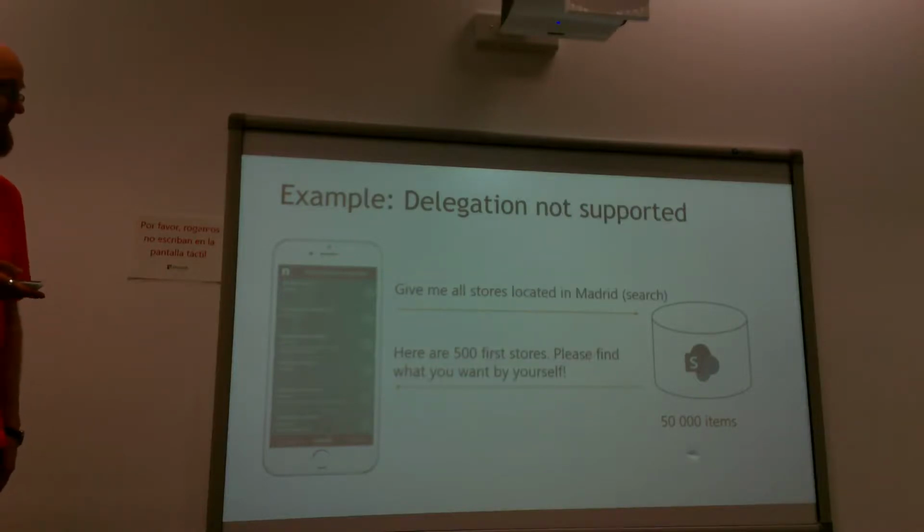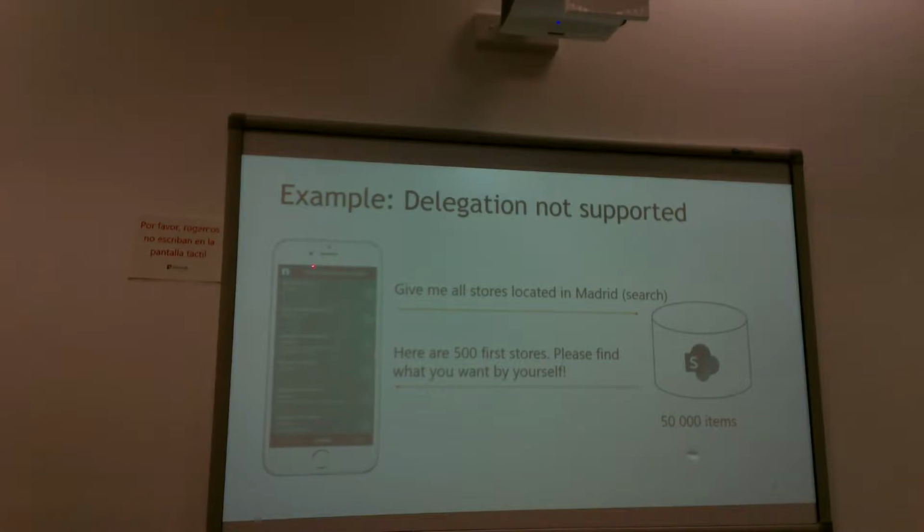But now I do almost the same thing. I do a search to the location column in SharePoint, and search cannot be delegated to SharePoint. And now what happens is that SharePoint returns to my application, from these 50,000 items, the first 500.